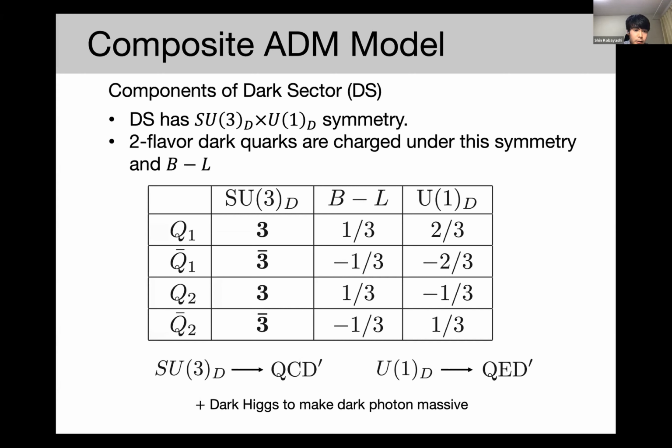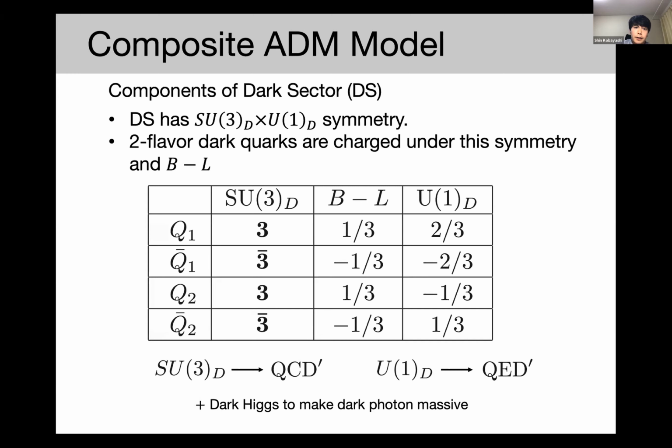So the choice of the strong interaction is simple, and we have to put the dark matter mass in the range of 1 GeV to 10 GeV to explain the coincidence problem. The QCD scale in the dark sector can easily tune the mass of the dark matter. So we adopt the SU(3)_D symmetry in the dark sector.